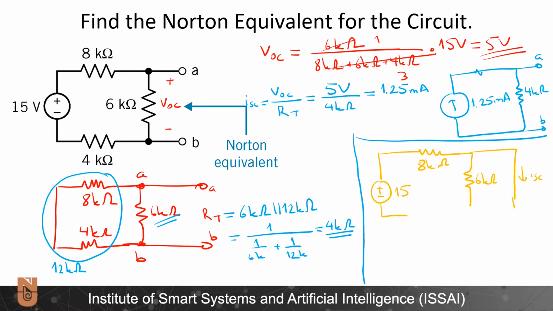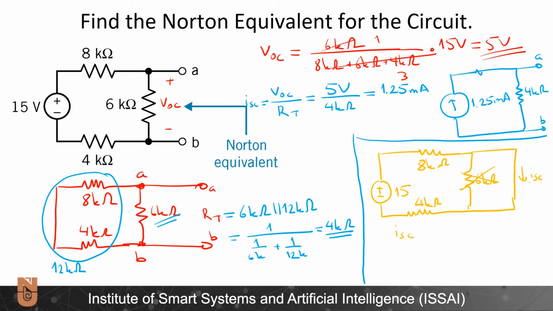Now, please be careful. Actually, with the I short circuit, I am bypassing the 6 kilo ohm resistor because no current will flow over 6 kilo ohms if they can go simply through the I short circuit.